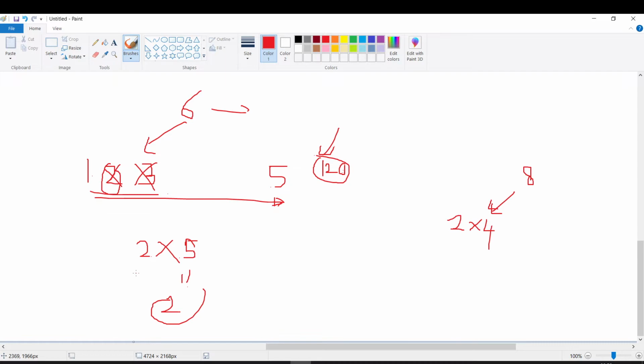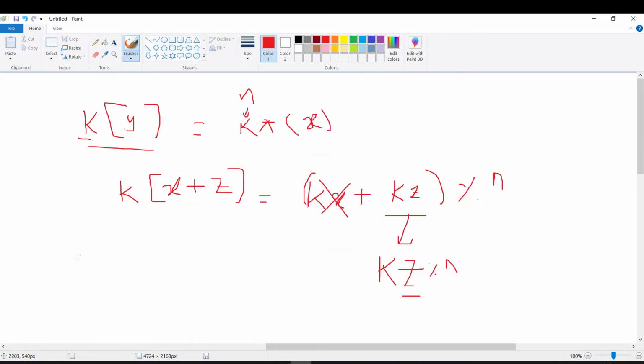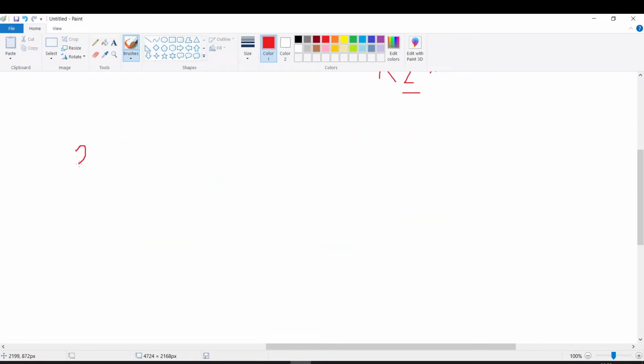Let's say like 2, right? 2 into 5, and the value of 6 can be divided as 2 into 3. Okay, the modulo. This can be written as 2 into 3 plus 2 into 2.